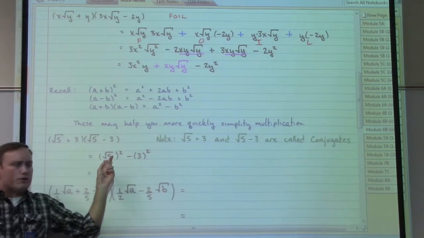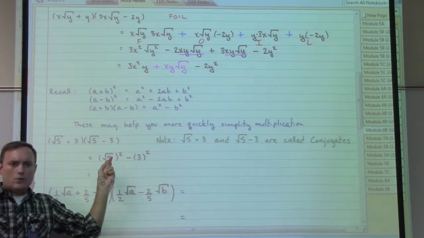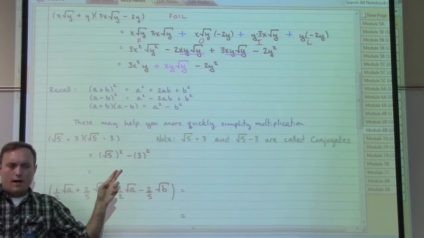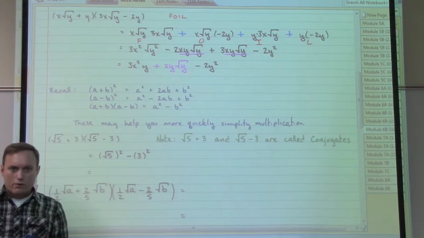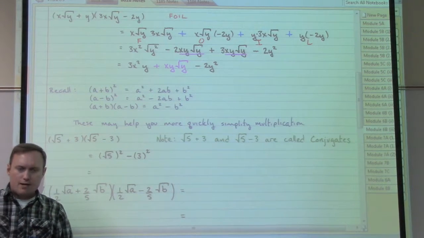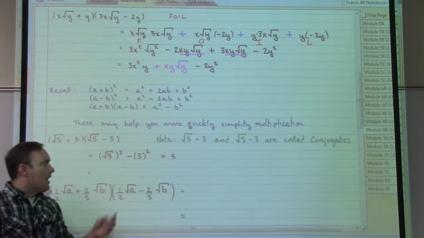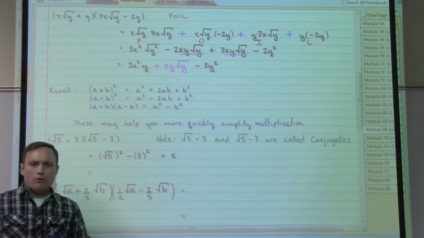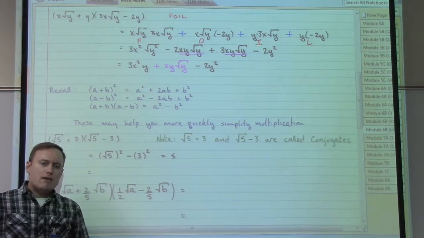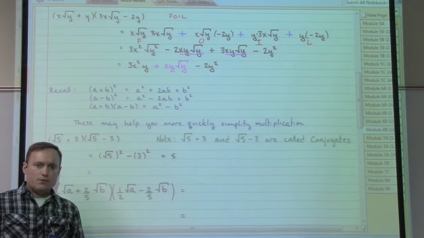Now, if I literally go through the process of doing the square root of 5 times the square root of 5, and I get the square root of 25, which would simplify to be the number 5, hey, wait a minute. If all I'm going to end up doing is get a 5 out of that, it certainly looks like the square root and the power of 2 unlock each other, even though they're in slightly different positions in relation to one another.